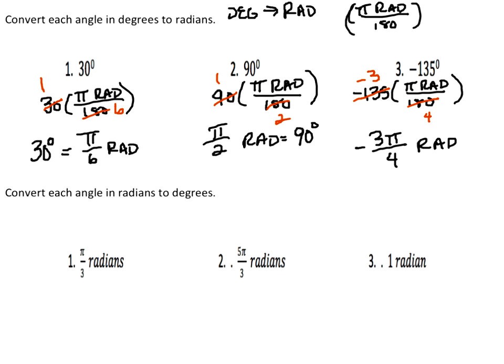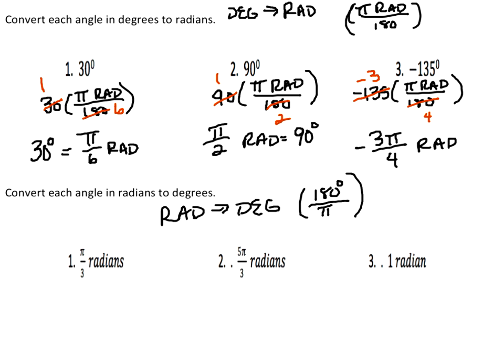Nice. All right, we're going to go the opposite way, so I'll just remind you to go from radians to degrees. We want to multiply the radians by just the opposite, 180 degrees over pi.